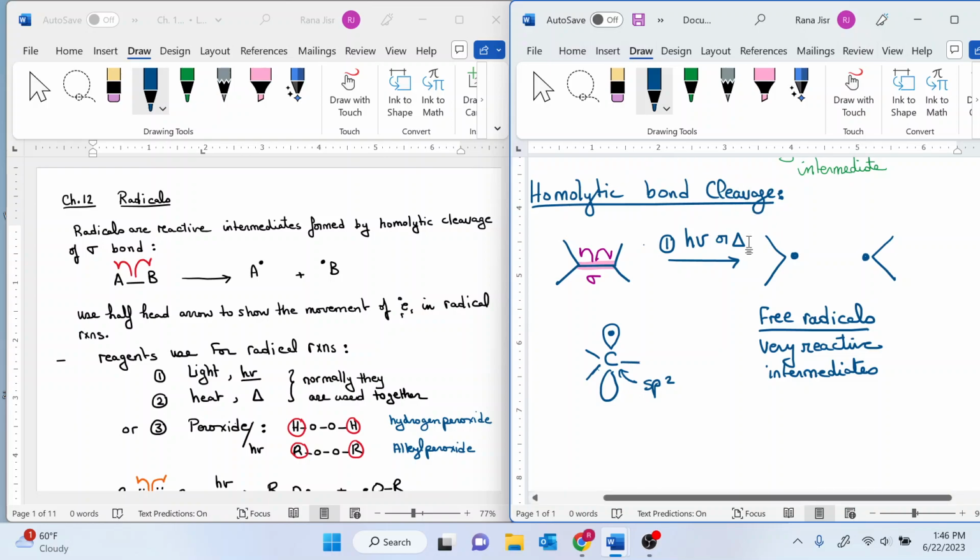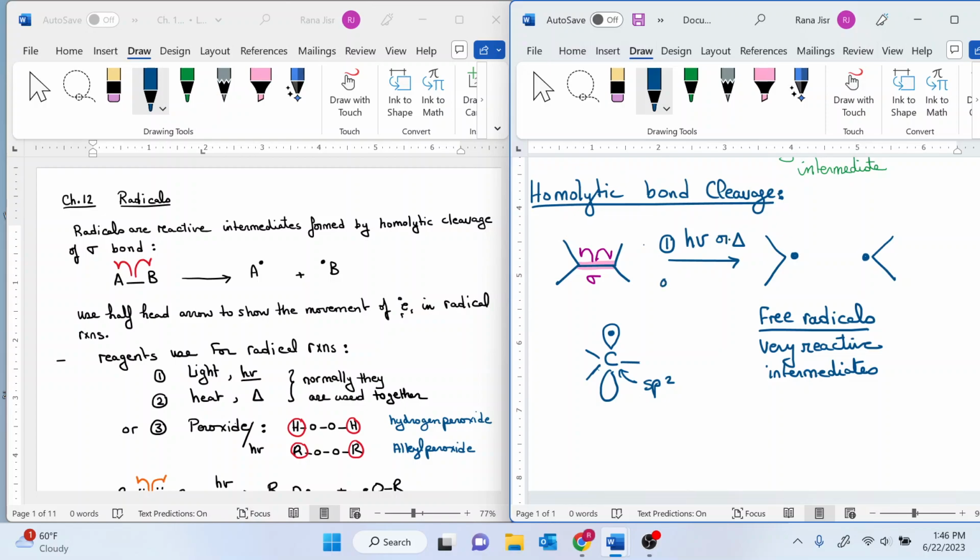Whenever you use light, you generate heat in this case. I don't want you to confuse heat with elimination, because this is not an elimination reaction. Elimination does not happen by just heat; elimination requires a base, and here I'm not using any base. So I'm going to use light or heat.